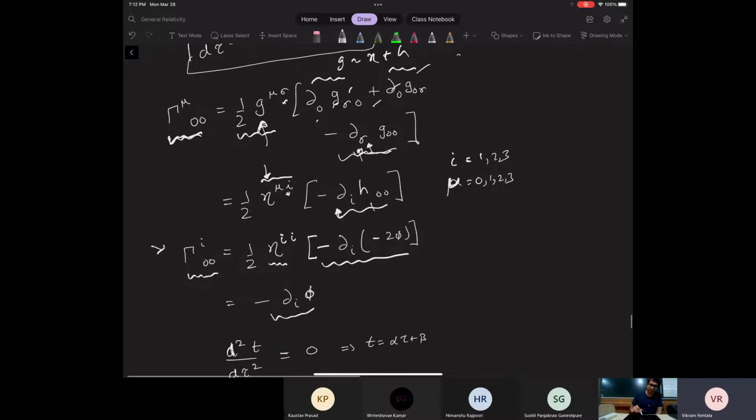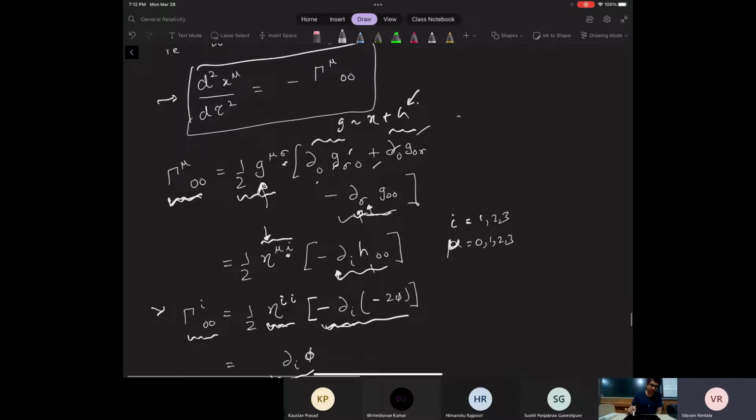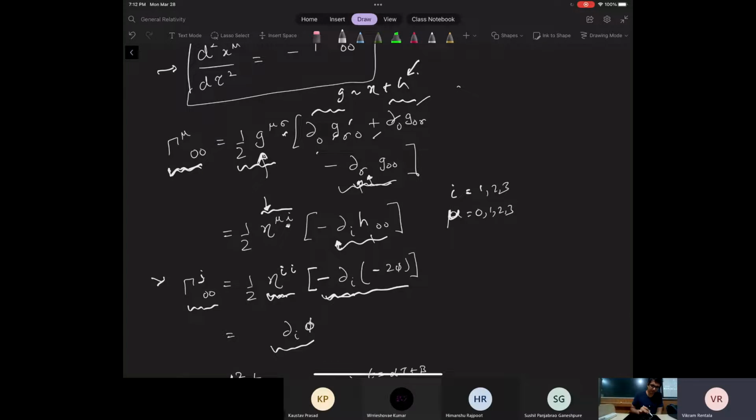And so now what this gives us is η^ii is 1, minus ∂_i. Now you have to be a little careful. The i index is not summed over here. What I've done is I've really written this as Γ^j_00, which is η^ji times minus ∂_i.